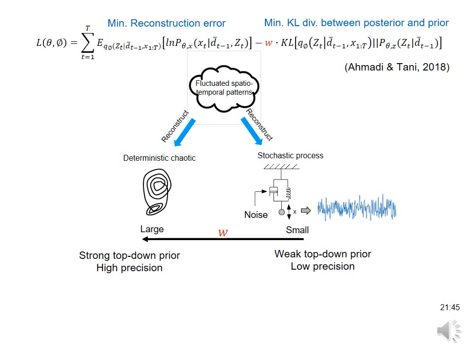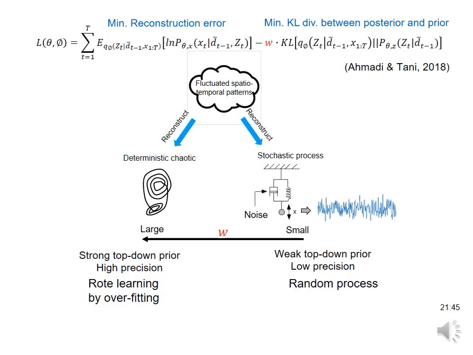If we make W larger, a strong top-down prior with high precision is developed, and that leads to rote learning by overfitting. On the other hand, if we set it small, we're going to have a weaker top-down prior, low precision, and then it goes to a random process.